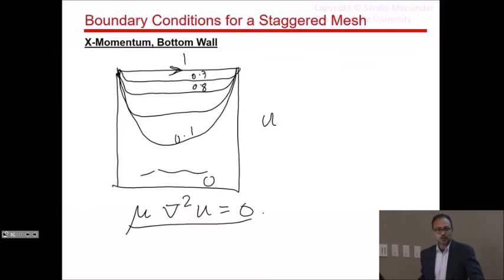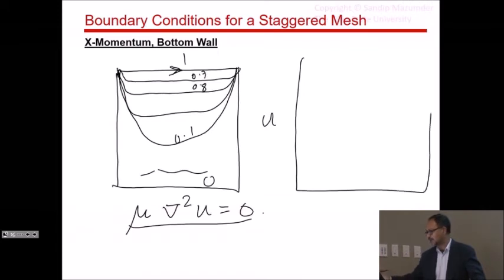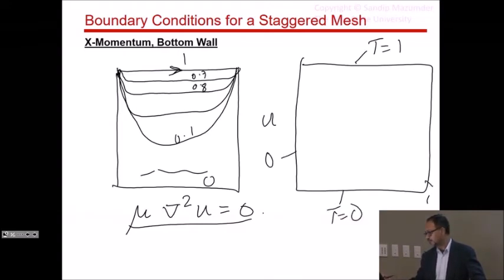So do you think the solution of that will be symmetric or asymmetric? Symmetric. This is exactly like a heat transfer problem where you have a specified temperature of 1 here and 0 everywhere else. And you're solving the conduction equation, del squared T equal to 0. This is what you're going to get.